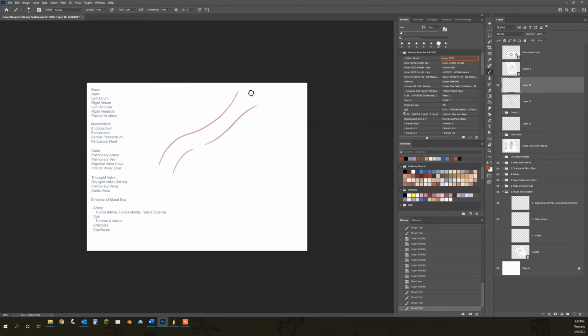You get the idea. Go off that way. And it'll come and split off this way. And down here, we'll have a similar idea, only we're going to have a vein.